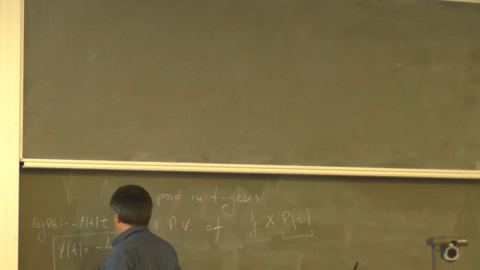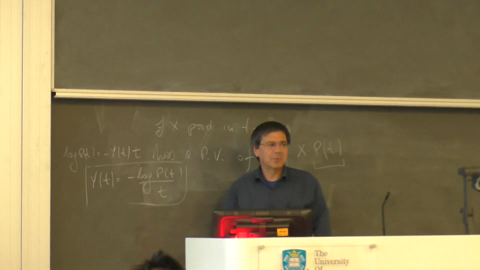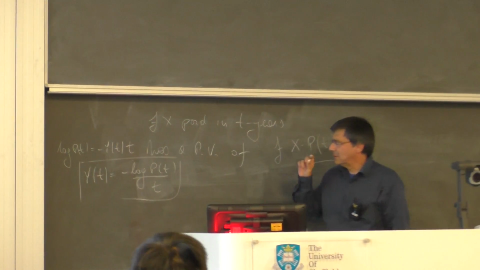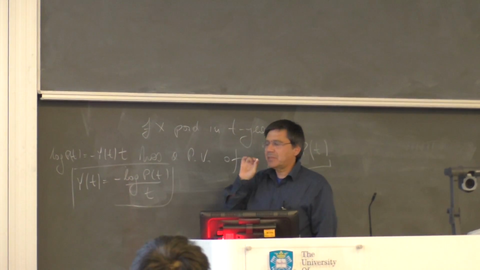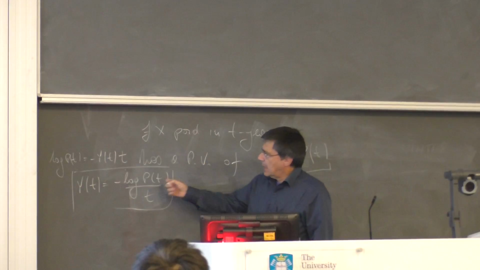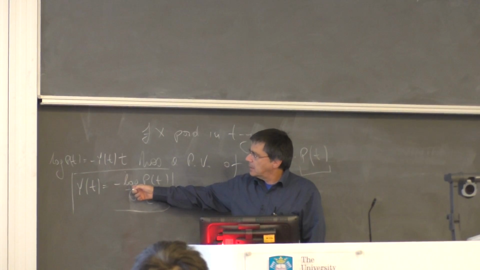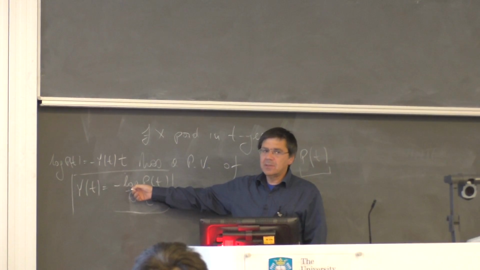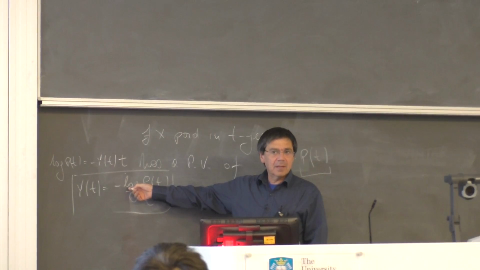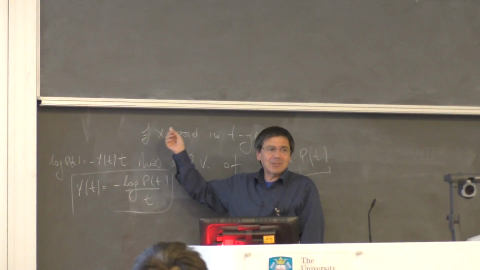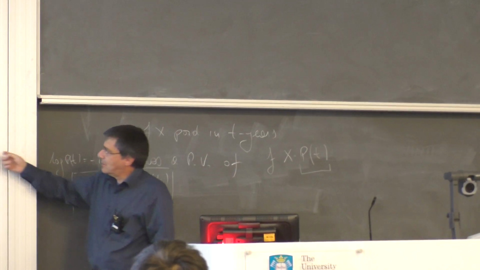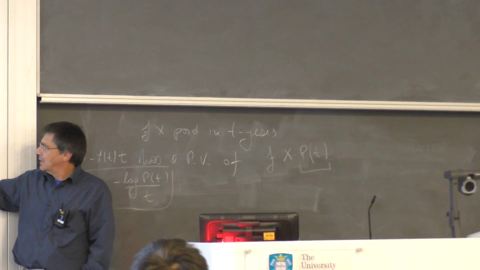Here's a stumbling block that some people stumble over sometimes. I'm writing log here. Which log is this? It's the only interesting log in the world, which is the natural log. I took the log to get rid of this exponent e over here.